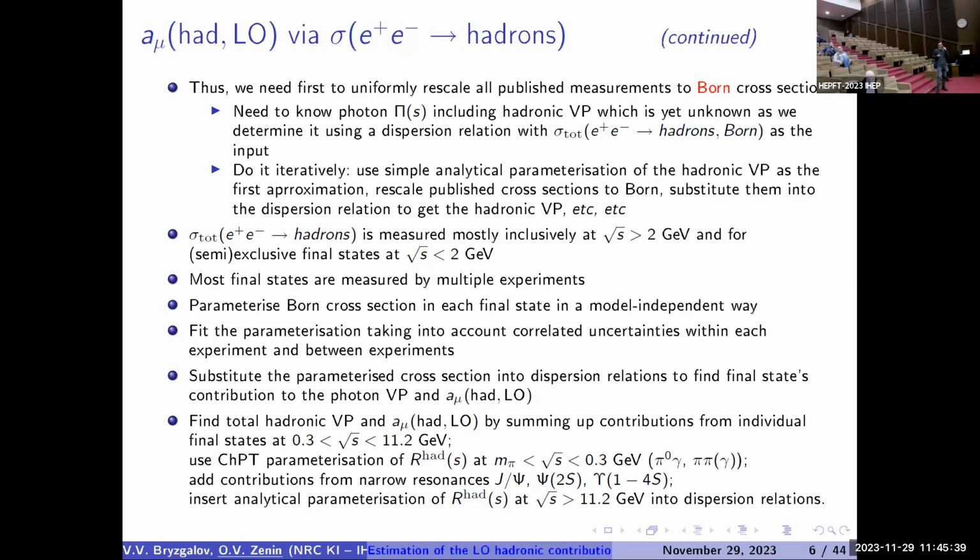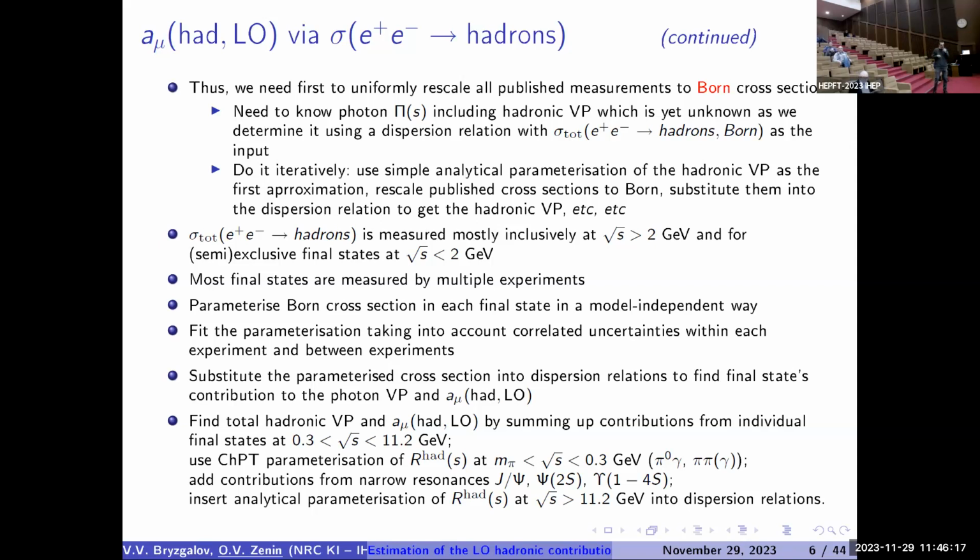Then there are two essential energy regions where we cannot rely on direct measurements of the cross sections. First of all, this is the region just above hadroproduction threshold, just above π0 mass. The lowest state is just π0γ for 1−− quantum numbers. Then the double pion, π+π− cross section is also measured starting only from 300 MeV.